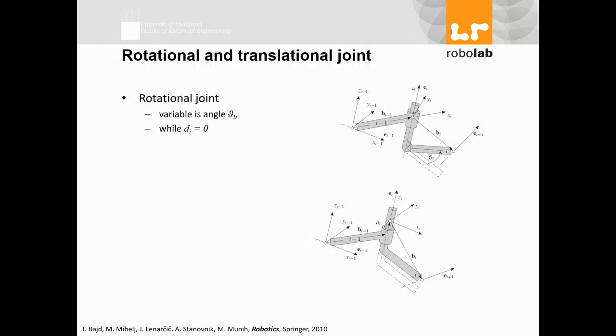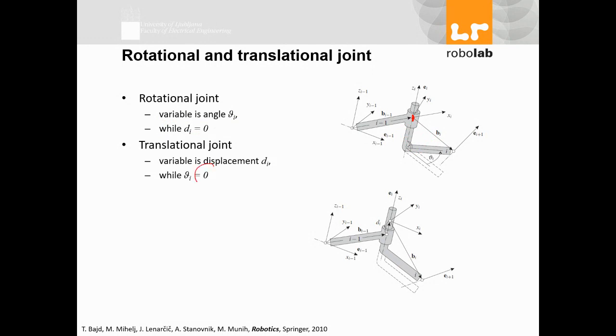Again, don't worry; when it comes to examples, you will see they're much easier than the details I'm explaining. So for a rotational joint, the variable is theta and displacement is 0. From here to here, you see that there is no displacement, but there will be a rotation angle. And for a translational joint, there is no angle, but there is a displacement.